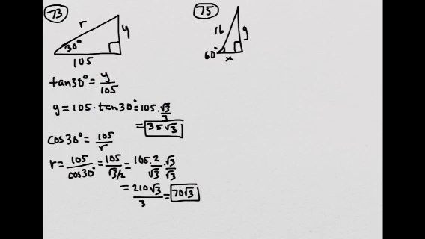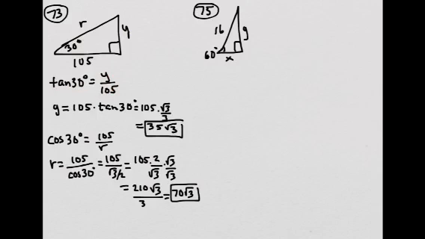For 73, you have a right triangle. They gave you one angle, and it's one of the special angles. So if you look at the instructions, it says find the exact values. So that means we're not using a calculator. So you have to find r and y. So I set up, because I have this angle and I'm looking for y, it's opposite over adjacent, so tangent of 30 is y over 105.